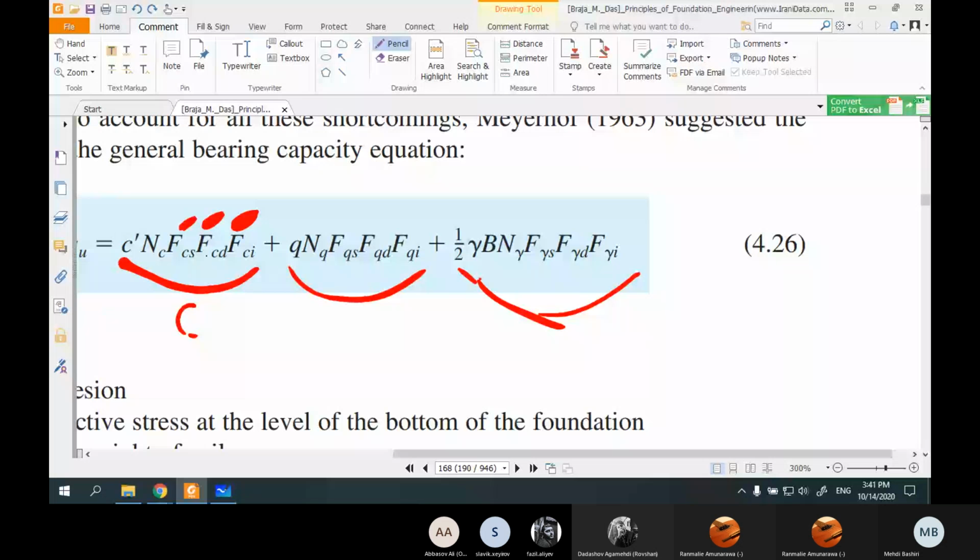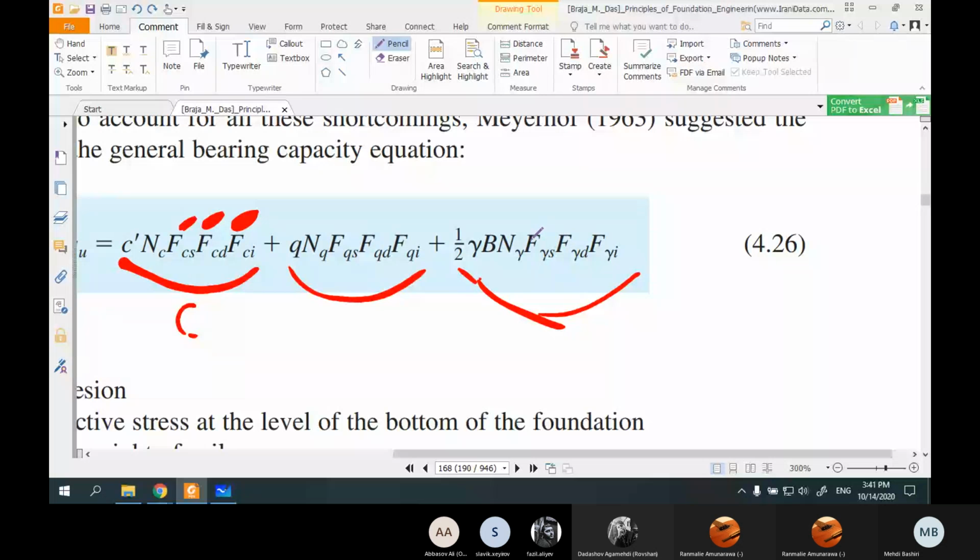S factor is shape factor. That means by using this factor, we can consider the effect of shape on the cohesion term. By using this one, we can consider the effect of shape on the Q term.